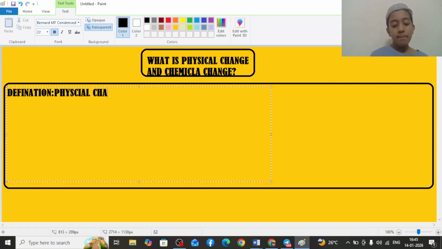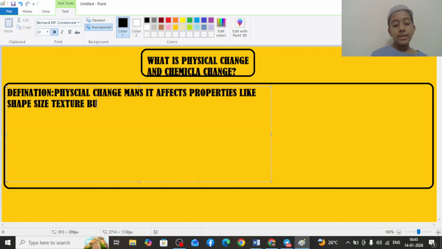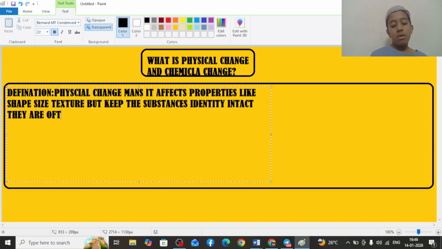Physical change means it affects your properties like shape, size, texture, but keeps the substance identity intact, and they are often reversible.